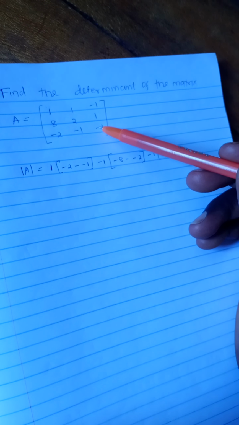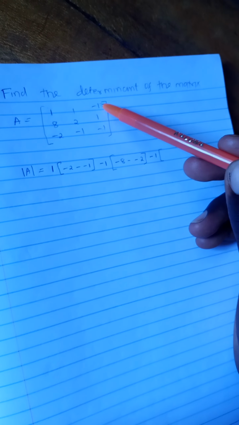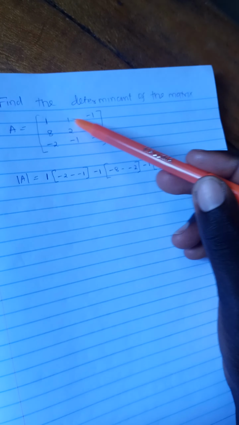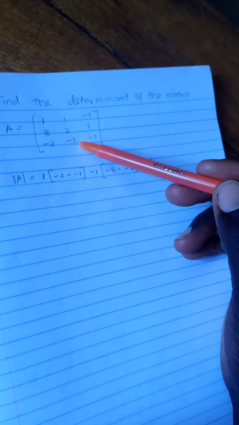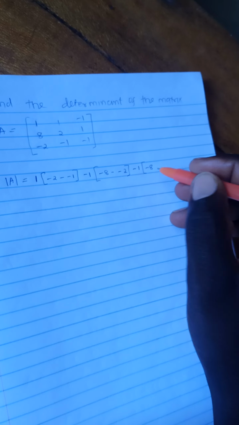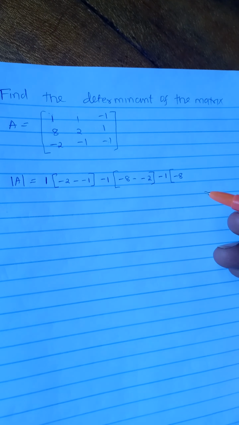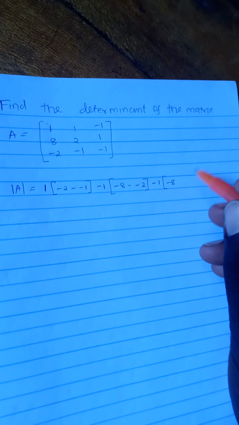So I will have to close this column and also this row. Closing this column and this row, we will have 8 times negative 1, that is negative 8. Then we have 2 times negative 2, and that is negative.